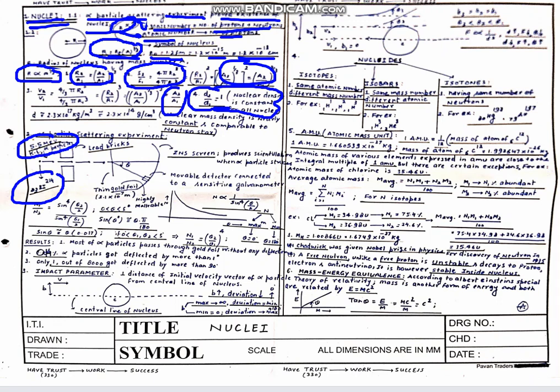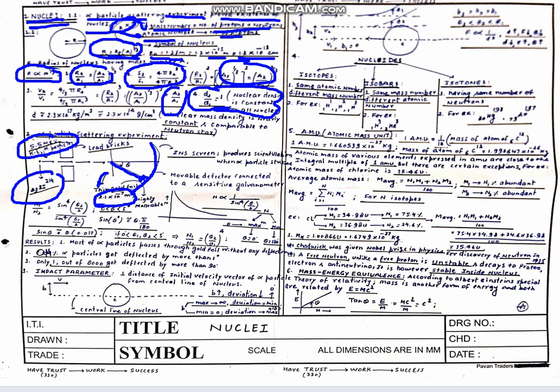They were made to pass through lead bricks so as to form a collimated beam, and then made to strike thin gold foil having thickness of 2.1 into 10 to the power minus 7 meter, and there was a zinc sulfide screen. This was the detector, and it detected alpha particles scattered at a certain angle theta.